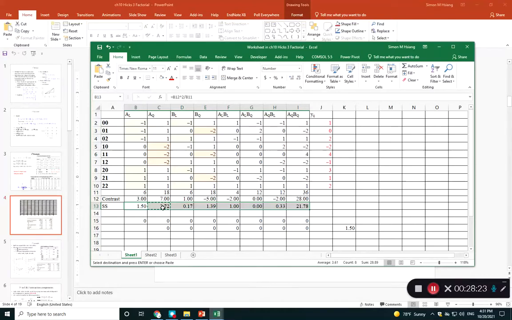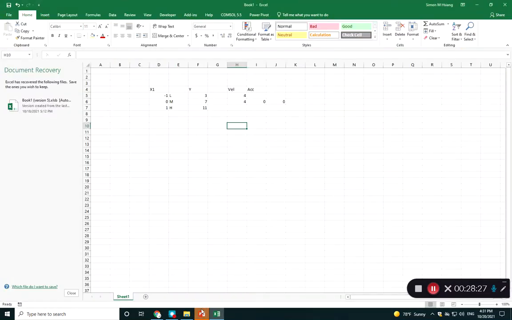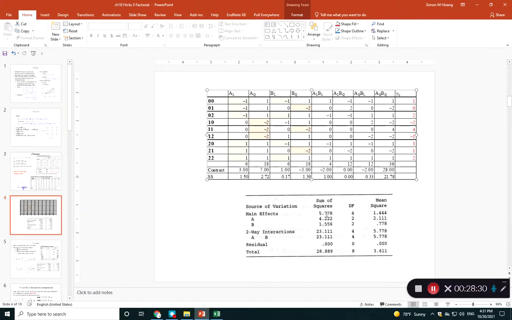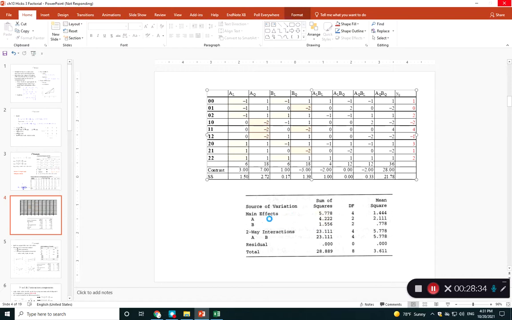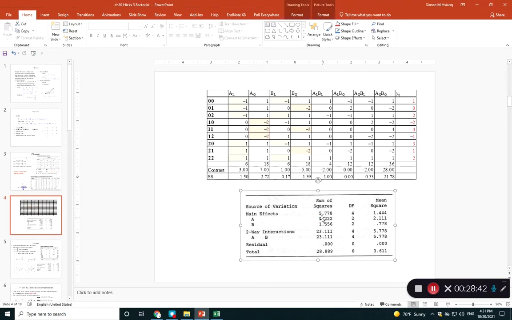Okay, so once I build that, you have the Excel. Then you can break them into the sums of squares. And then people look at here. The main effect of A, I have 4.22. Where is the 4.22 coming from?